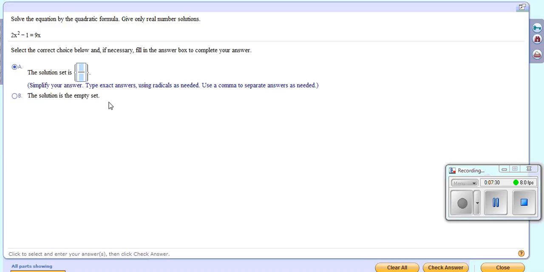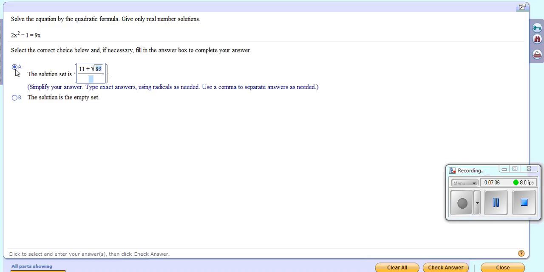It's all a fraction. Then I do the 11 plus the square root of 89. I go to the denominator and type in my denominator, which is 4. Then I arrow over, press comma, hit the fraction key again, and I say 11.